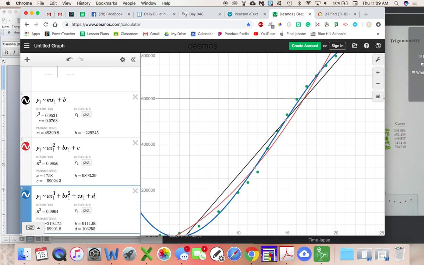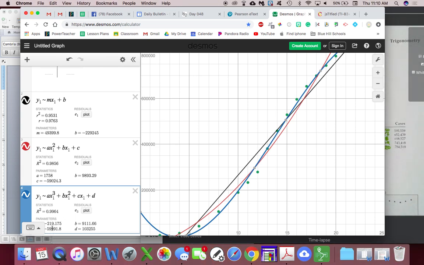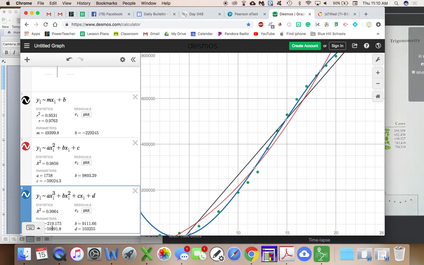That's my cubic function. Is that better yet? What percent is it at? 99.6 basically. That's pretty darn close.